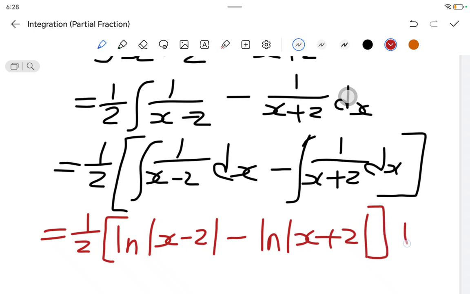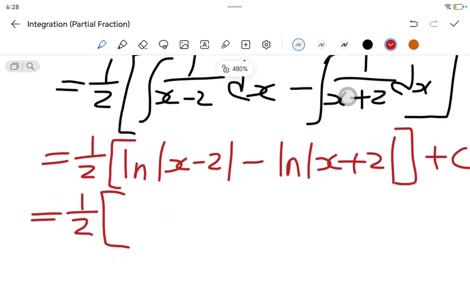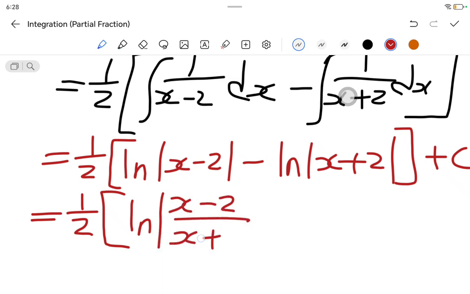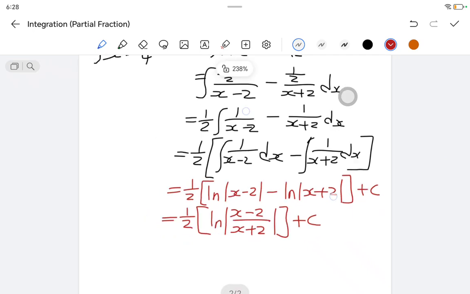Then I add c outside, so that it doesn't complicate things. Then we use those rules here. We say x minus 2 over x plus 2 plus c. Then this will be the correct solution. Are we fine, guys? Any question?